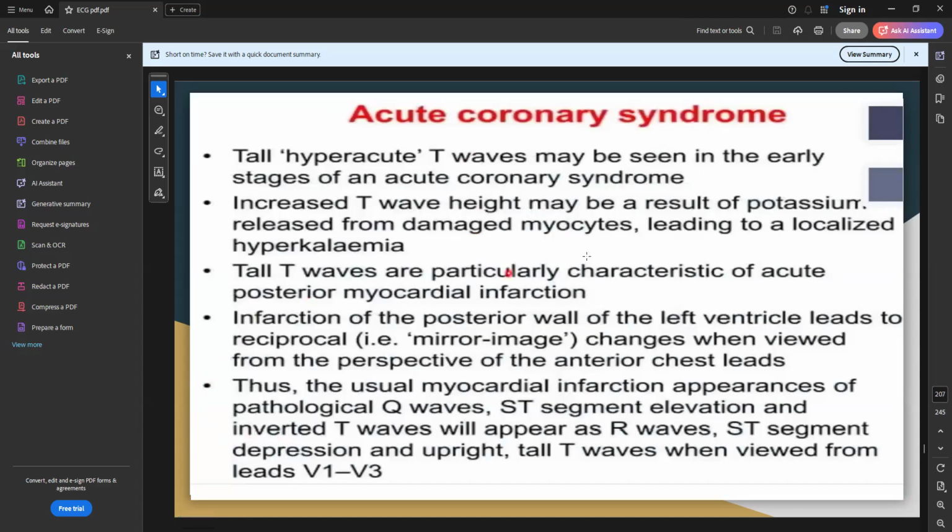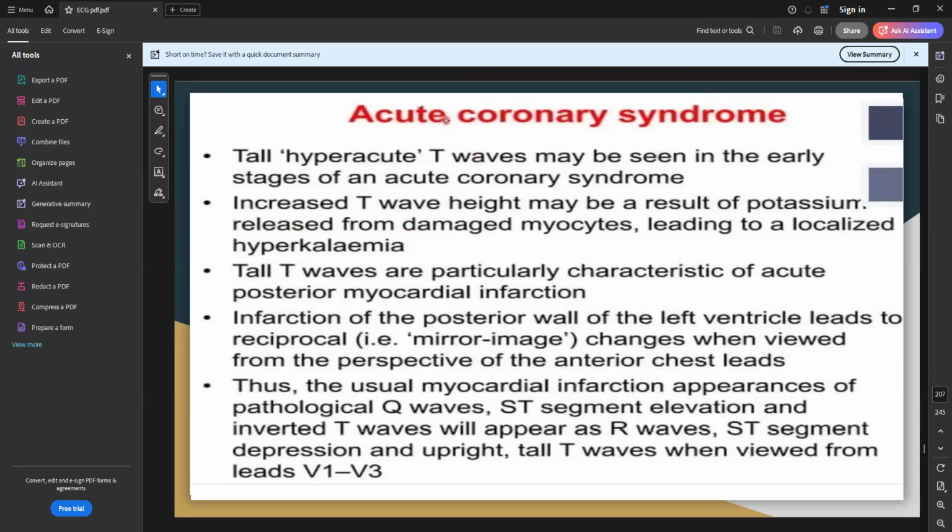So coming to acute coronary syndrome, as I told you, tall, hyperacute T waves will be seen as the early sign. Increased T wave height may occur in acute coronary syndrome as a result of potassium being released from the damaged myocytes, leading to localized hyperkalemia.